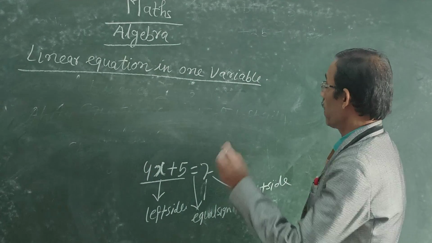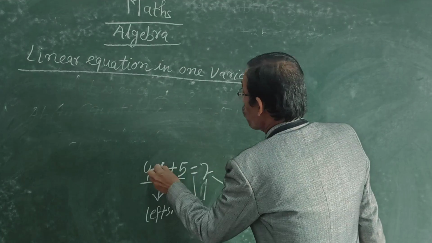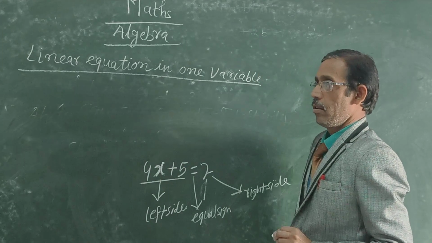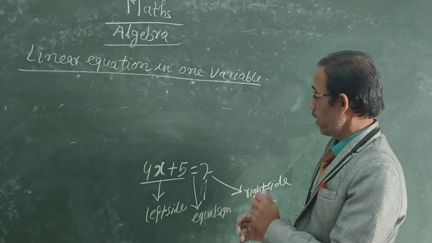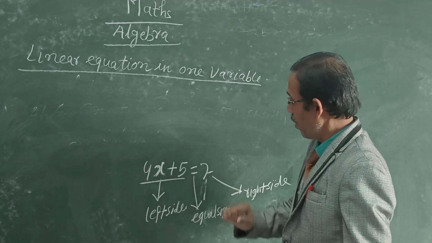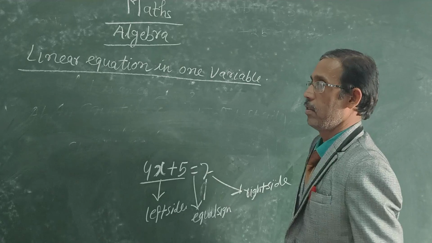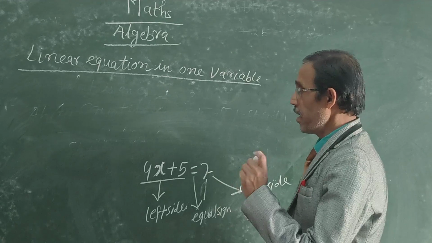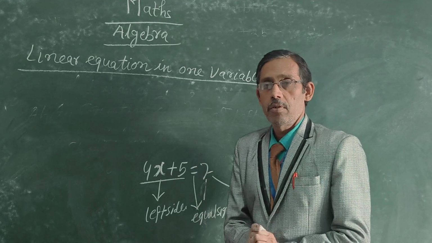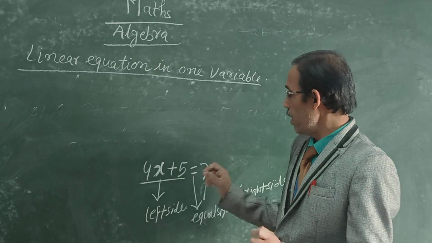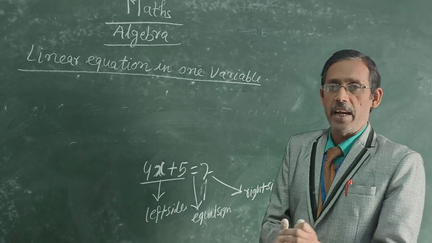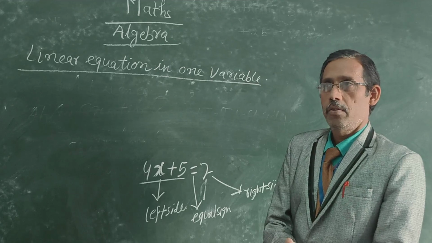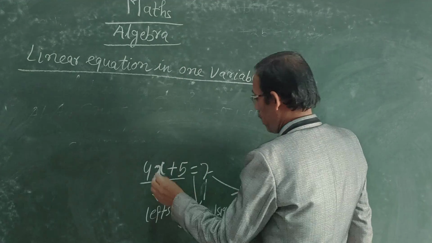To check, the value is substituted for the variable in the equation, so that the resulting answers of the two sides are equal. Okay, like this.